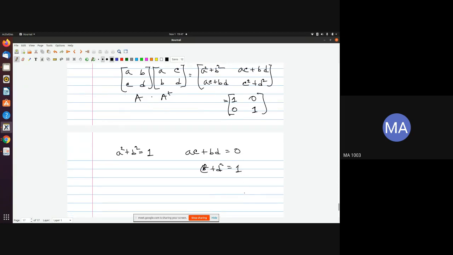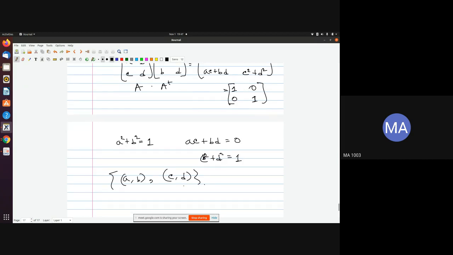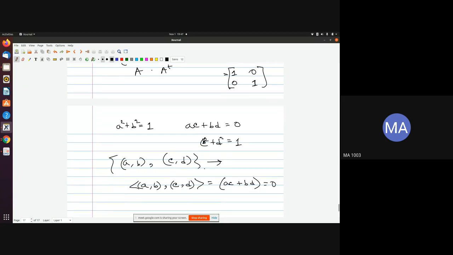So if I consider the row vectors (a, b) and (c, d) of the matrix A, correct? What can I say about these? If you see the usual dot product, what is this? This is ac plus bd, which is 0. Correct? So they are orthogonal. And what is the norm of this one?